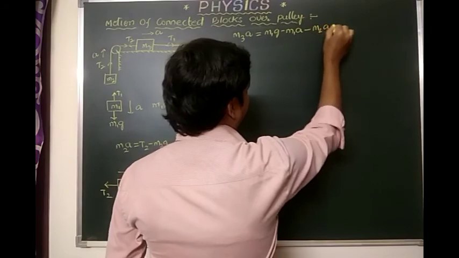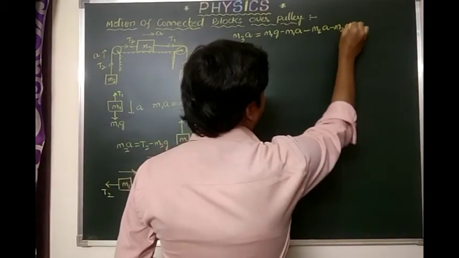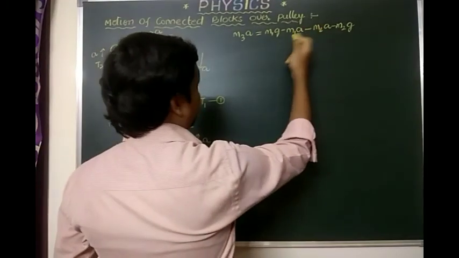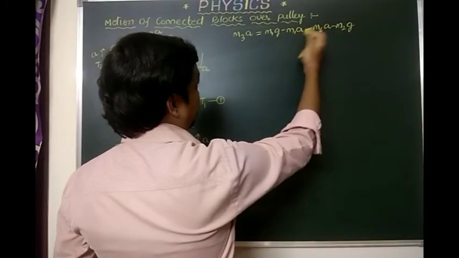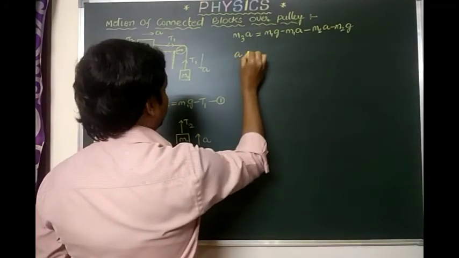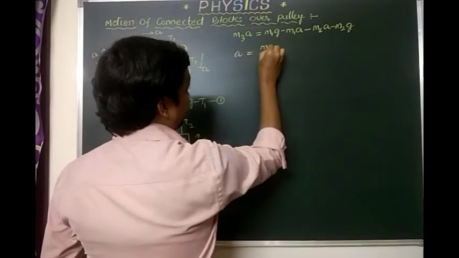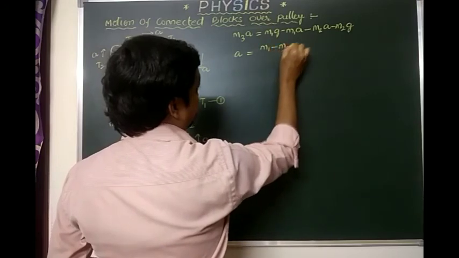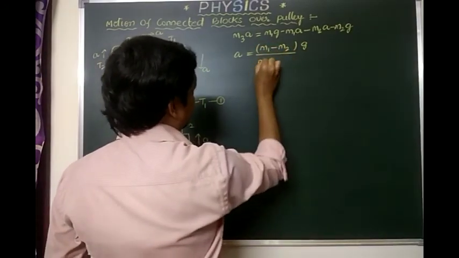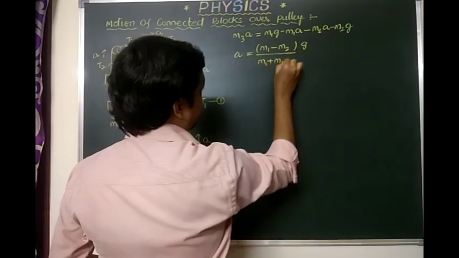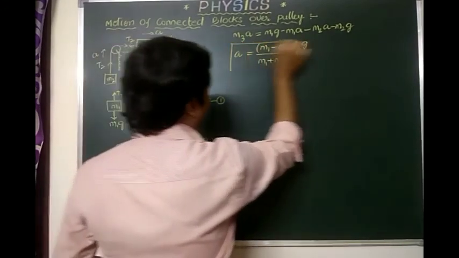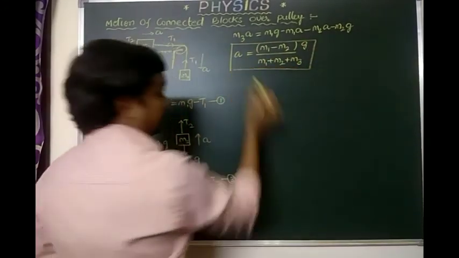So M1A, M2A, M3A, send them to the left, and acceleration becomes common. So M1 minus M2 into G, where G is common, divided by M1 plus M2 plus M3. This is the formula for acceleration of the system.